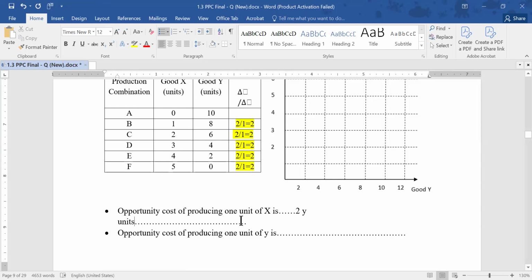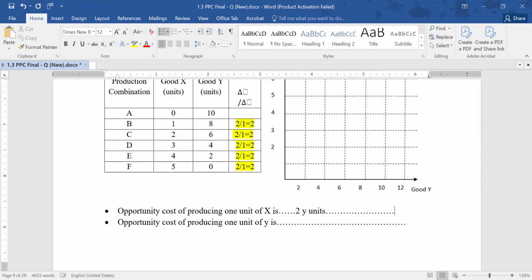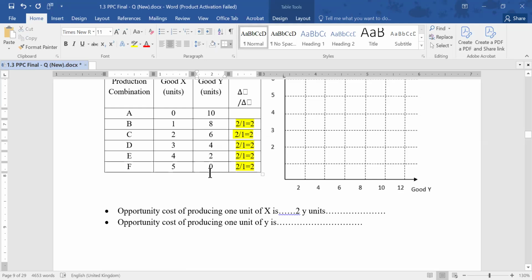And opportunity cost of producing 1 Y unit: when Y production is starting from 0 to 2, by 2 units, you have to sacrifice X production by 1 unit.